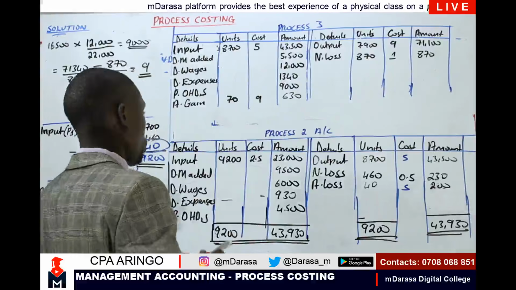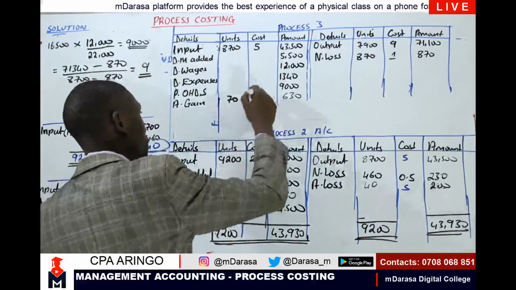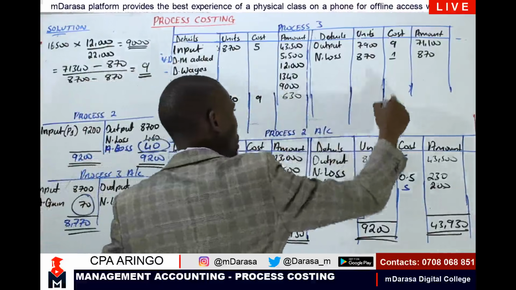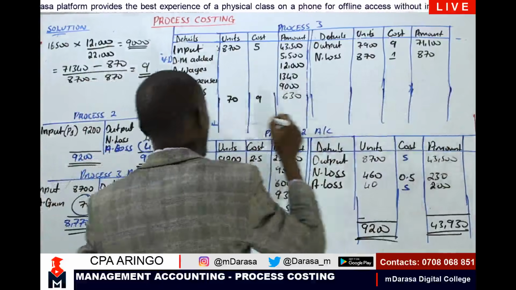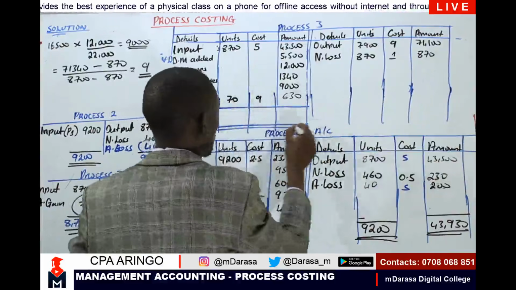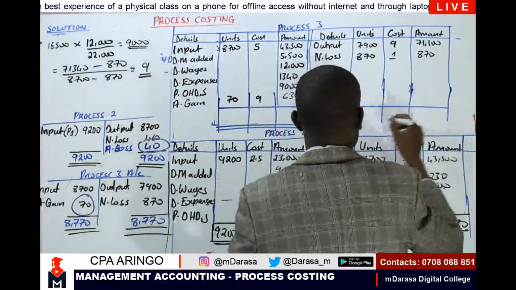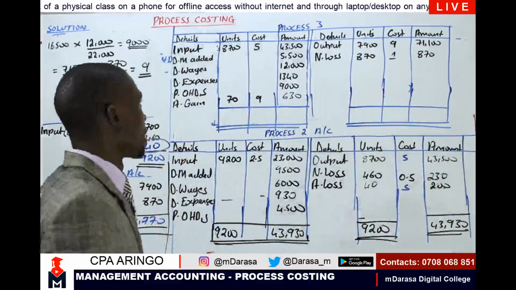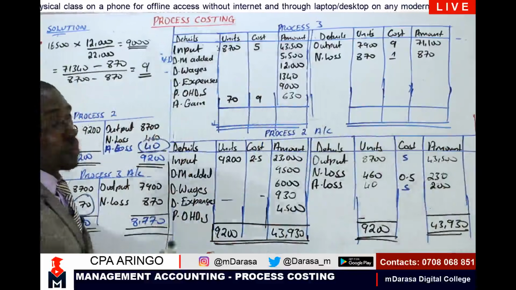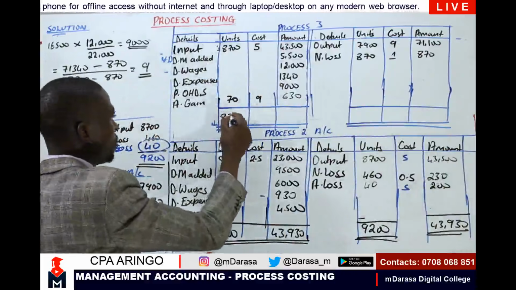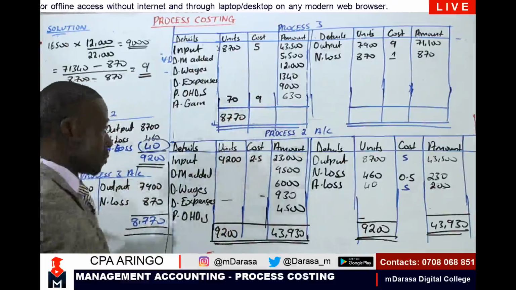We can come and talk of our values at this point. The total sum. To start with, the units, I'm having 8,700 plus 70 should give us how much? 8,770.